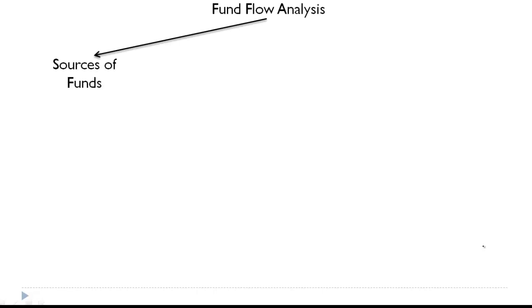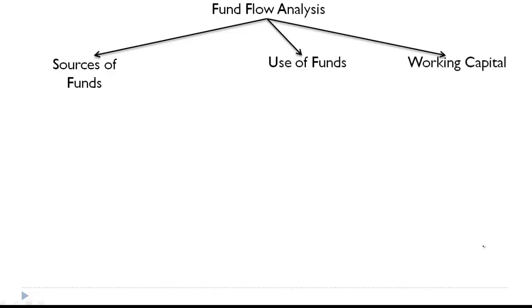Now, for analyzing fund flow statement, what information do we require? Number one, we should know what are the sources of funds. Number two, what are the uses of funds, and number three, working capital movement. So what could be the possible ways for raising or sources of funds? One is raising long-term funds.